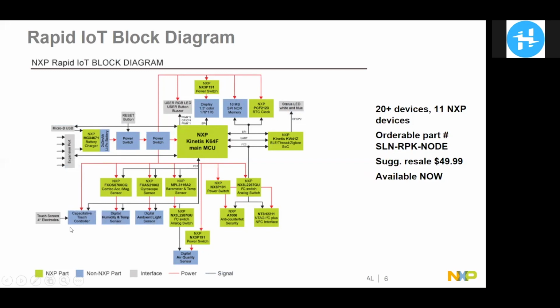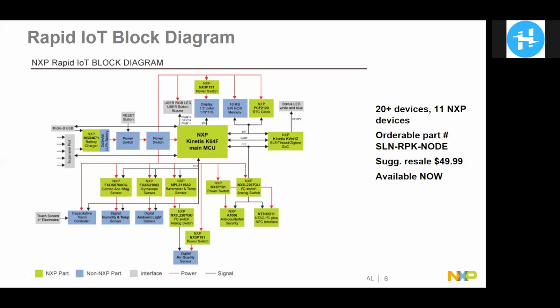And then we've got other third-party sensors, which include capacitive touch, which is a really nifty sensor to have for IoT applications, humidity and temperature, ambient light, and a digital air quality sensor, which is recently becoming very relevant out here in Northern California with the fires that we have. There's the A1006 anti-counterfeit security chip, and we even have an NTAG IC with an NFC interface. So it's pretty comprehensive, I'm sure you'd agree.